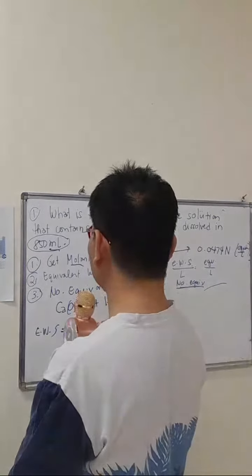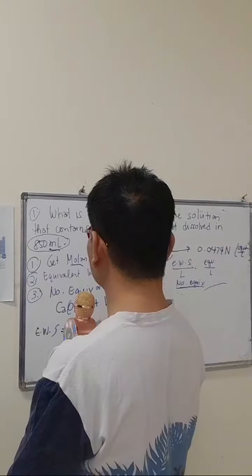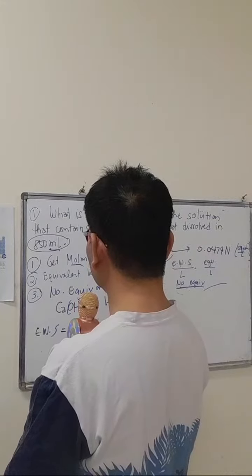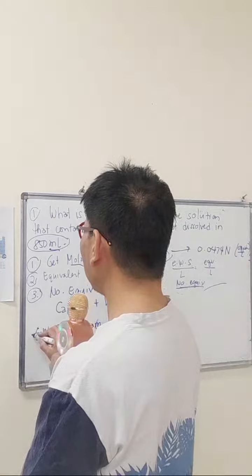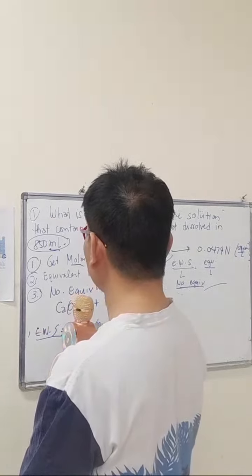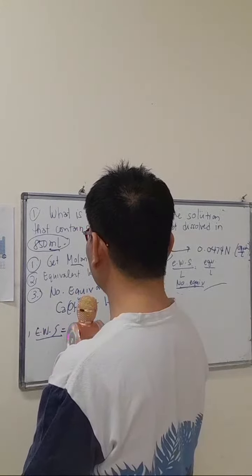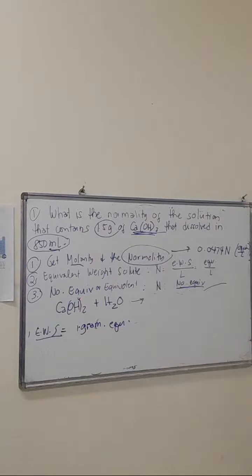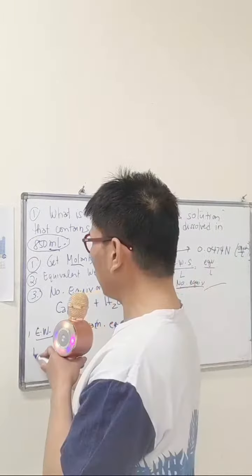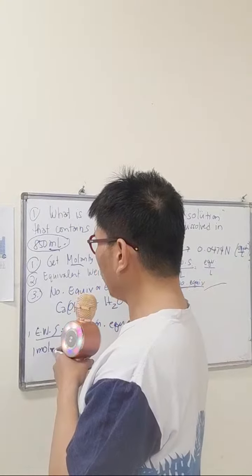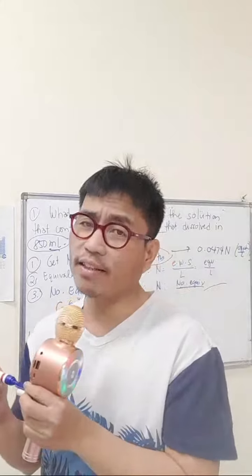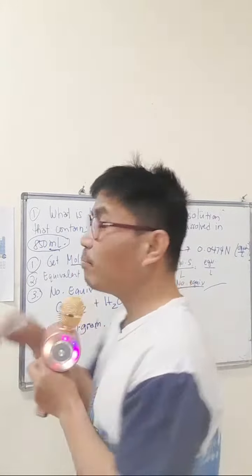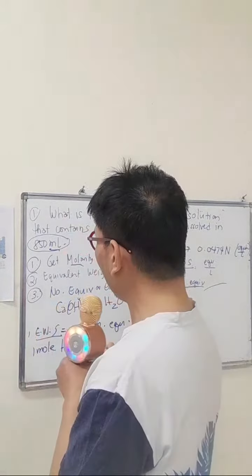Equivalent. Grams equivalent. So, like this, 1 equivalent weight of solute is equal to 1 gram equivalent. Our technique for this, guys, is to always use 1 mole of H+ for Arrhenius theory of acidity, and 1 mole of OH negative for Arrhenius theory of basicity.